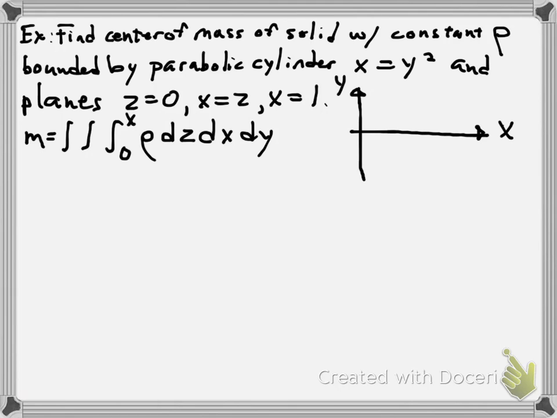And if we project the solid region onto the xy plane, notice we have the sideways parabola x equals y squared, and we have this line x equals 1 that form boundaries for the region. This is the region that we are going to integrate over once we do the inside integral. And the inside integral is already set up with the limits of integration, 0 and x.